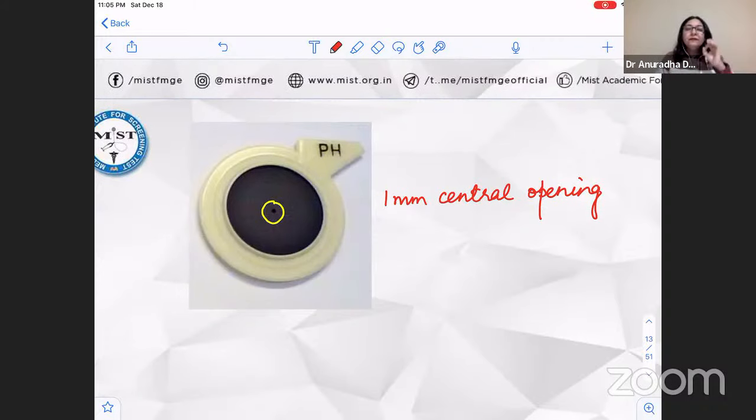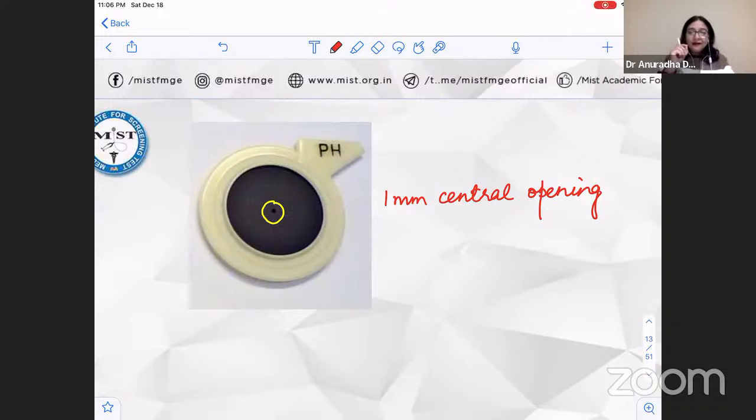Now, what is the use? The main use of the pinhole is that it helps us differentiate whether a person has decreased vision due to refractive error or due to some other abnormality, which can be macular disease, diseases of the central retina, or a central cataract, or a corneal opacity.